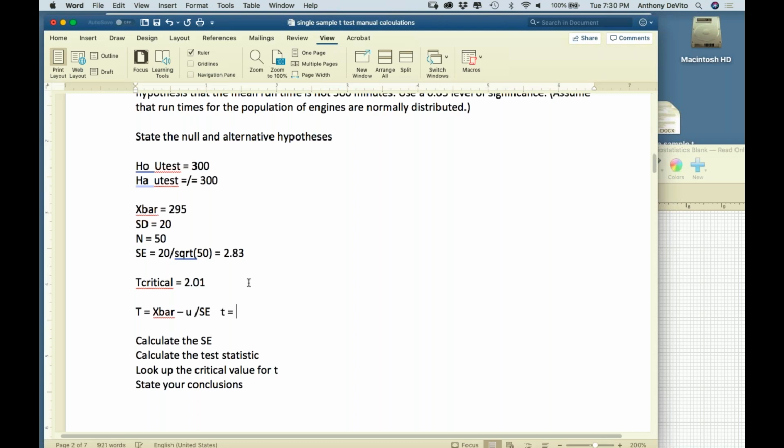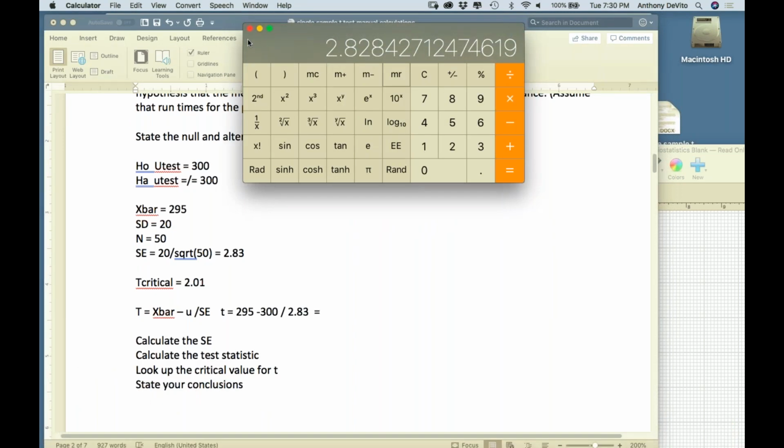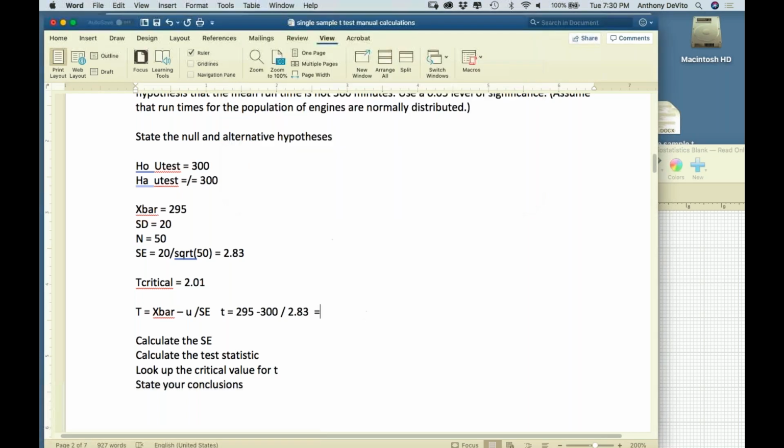T is equal to 295 minus 300 divided by, what was it? 2.83. Okay, what does that come out to be? 1.74 was that? Negative 1.74? Negative 1.74. The sign doesn't mean anything.